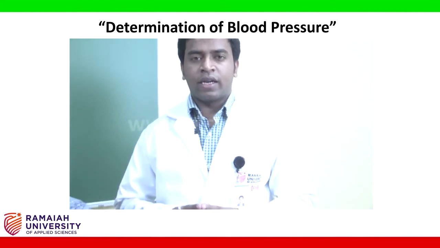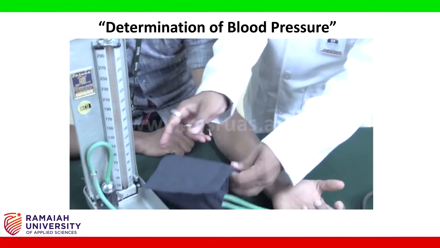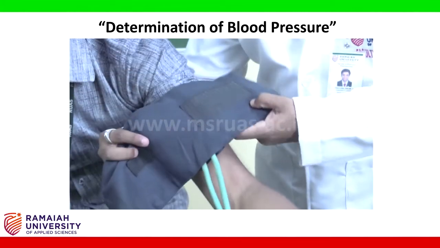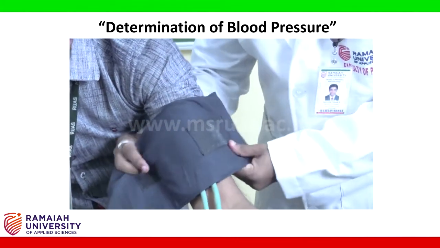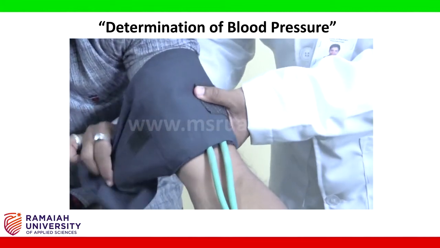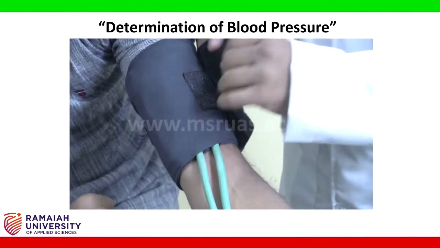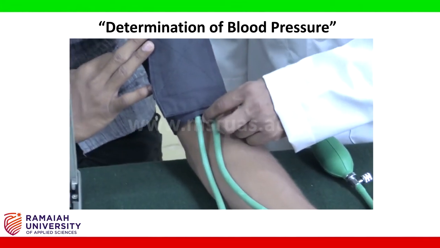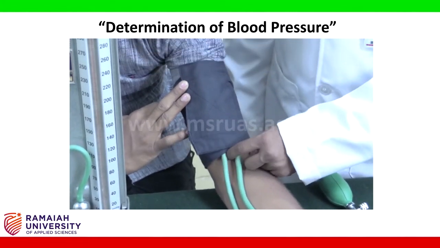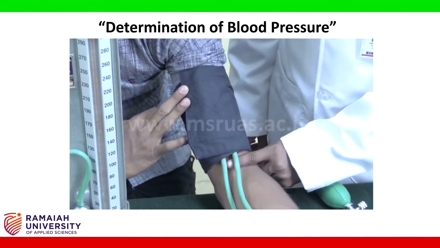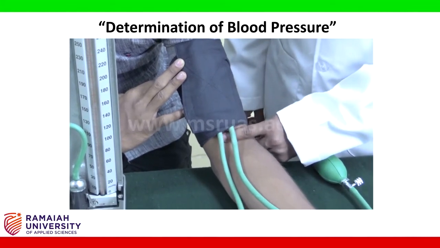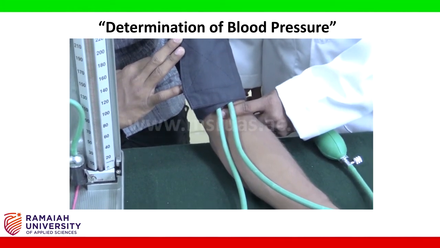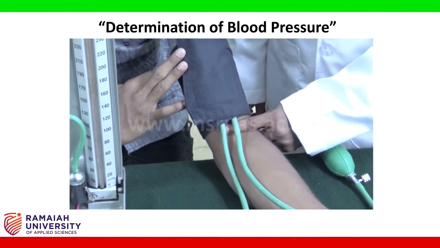First, place the airbag or the arm cuff around the upper arm with the center of the bag lying over the brachial artery. Locate the bifurcation of brachial artery in the cubital space just medial to the tendon of the bicep, and place the chest piece of stethoscope on this point and keep it in this position with your fingers or thumb.